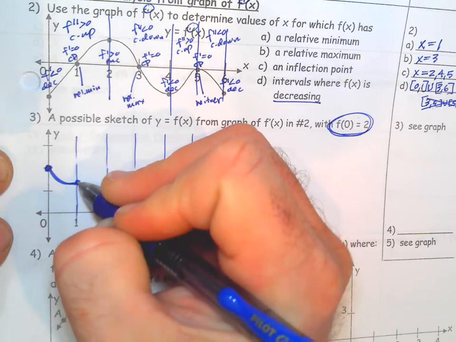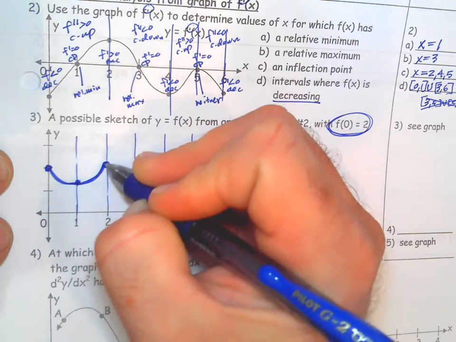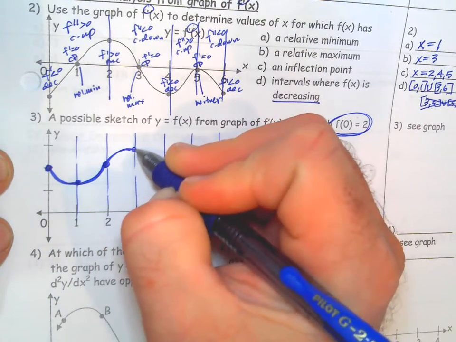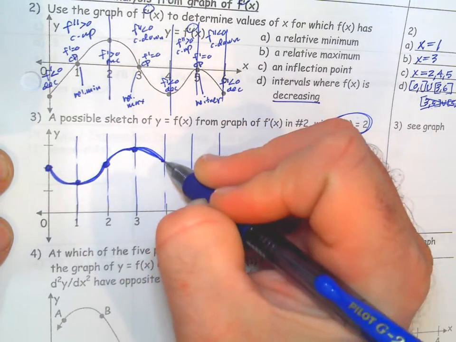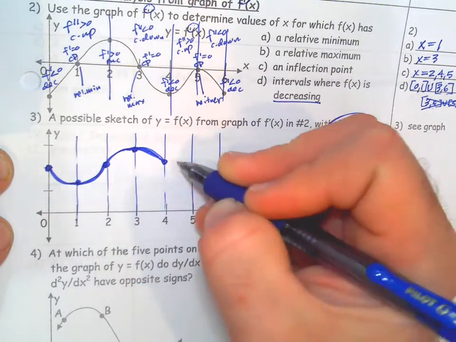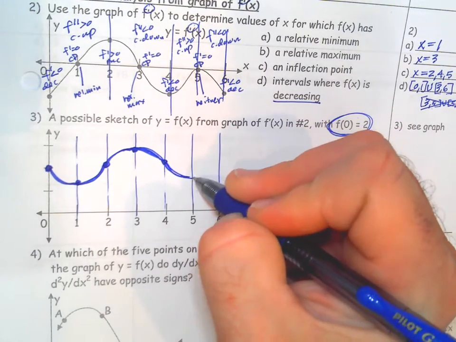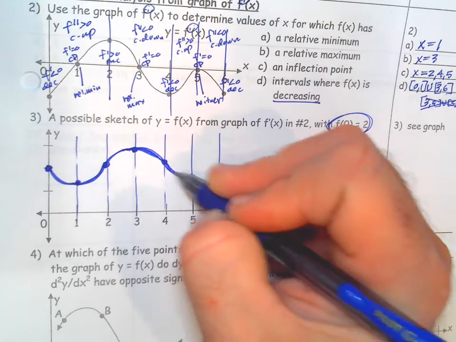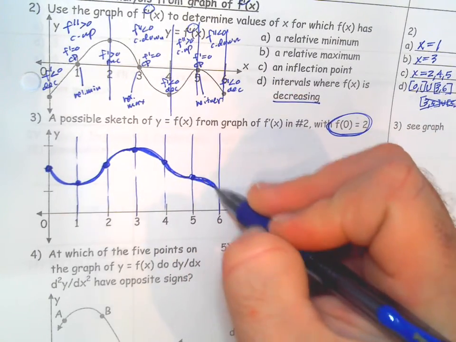Next chunk is up and concave up. Next chunk is up, but concave down. Next chunk is down and concave down. Should be a nice smooth graph from one piece to another. Next one is down, but concave up. And next one is down, but concave down. So something like that.